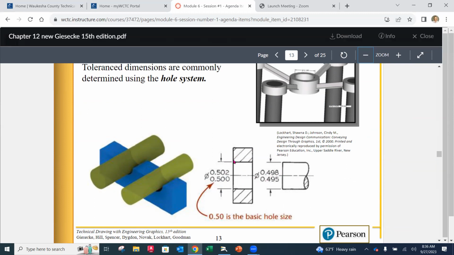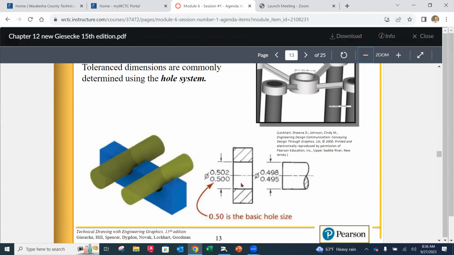Notice that the nominal size of a 1/2 inch is on the hole because I have a drill that's going to be a 1/2 inch, right? That I can pull out and I can make that hole with, right? Over on the right-hand side, when I make this pin on a lathe, how do I make that? That tool goes in and it touches the surface. And now I can make that smaller a lot easier than I can make a hole like a weird size.